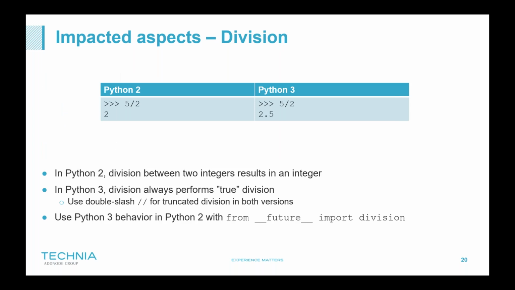The next thing that is impacted is the behavior of division between integers. In Python 2, division between two integers always results in an integer, and this perhaps seems unintuitive and unexpected, but it is actually consistent with how many older programming languages handle integers, because there was a very strict distinction between integers and floating point numbers.